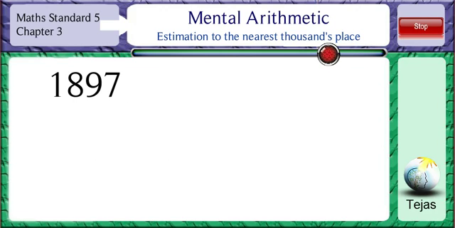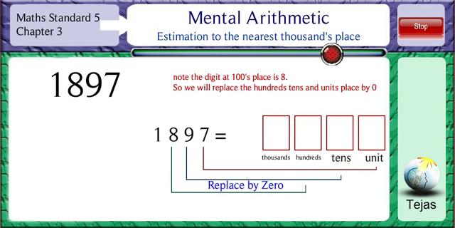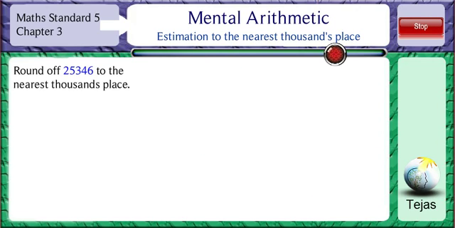So in case of 1897, the digit in the hundreds place is 8. So we replace units, tens and hundreds place by 0 and add 1 to the thousands place and we get 2000.